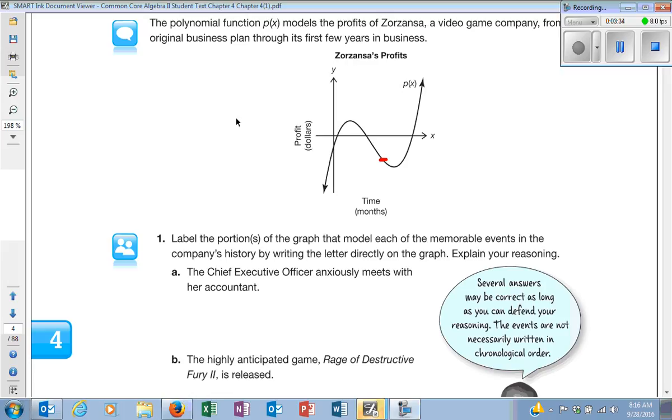Once they start seeing this downward trend, right in here, what should they probably be doing? They should be meeting with that person saying, hey, we need to figure some stuff out, because things were going good and now they're not going so good. So I would say somewhere right in here is where the A event happens. Follow me?